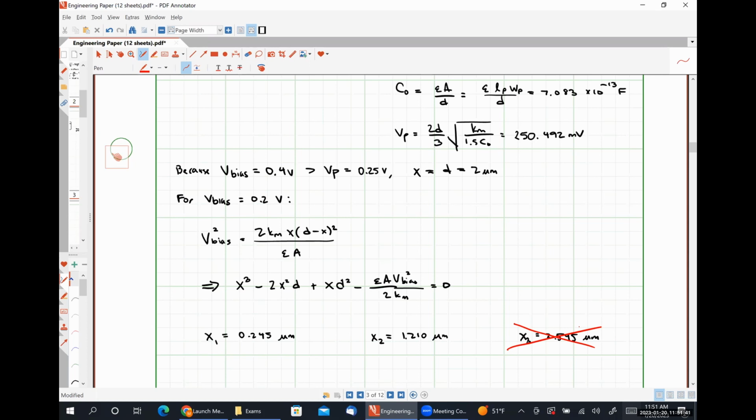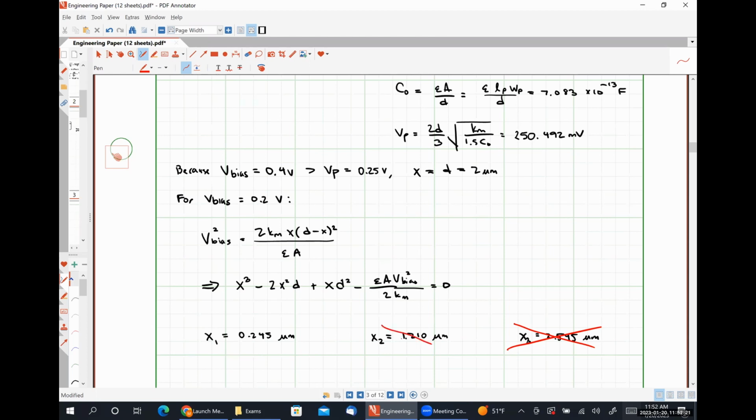So using a similar line of reasoning, our displacement can't be greater than D over 3 as well, right? Because if our displacement is greater than D over 3, we're at a point where our plates will snap together due to the pull-in effect. So for this particular instance, D over 3 would be 2 microns times 1/3, or 0.667 microns.